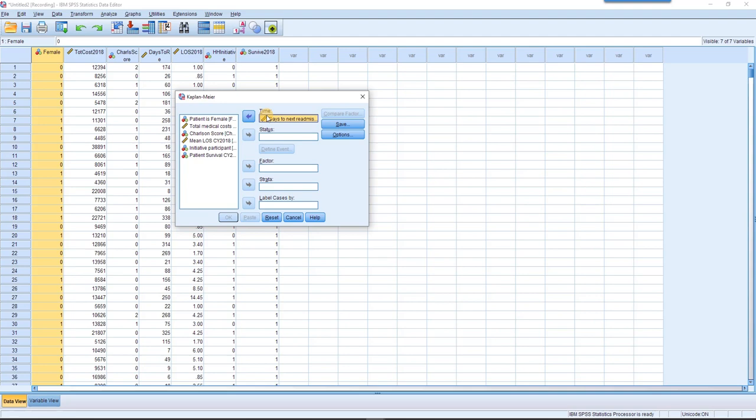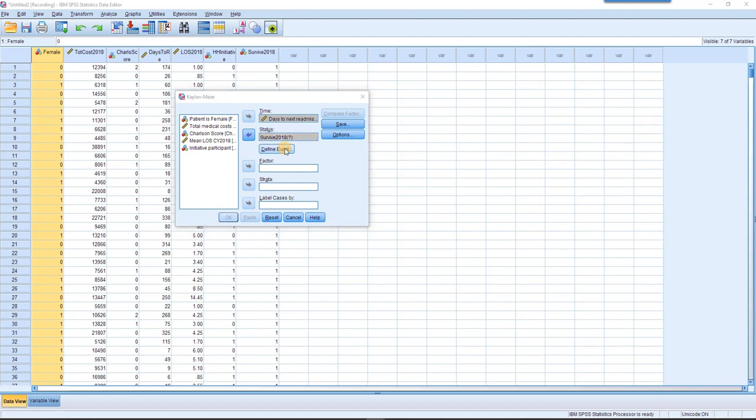And then the next one is the status of the patients at the end of the initiative, or at the end of the time span of the Kaplan-Meier. In that situation, that would be our censored variable for Survive 2018. So I'm going to go ahead and bring that up to here.